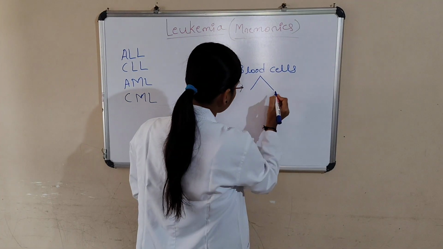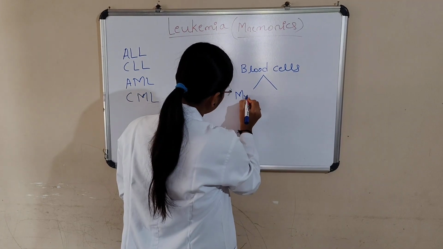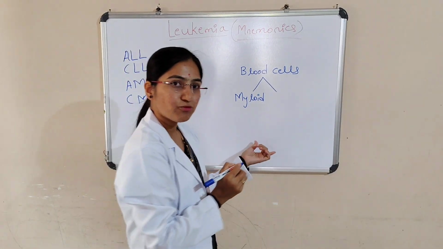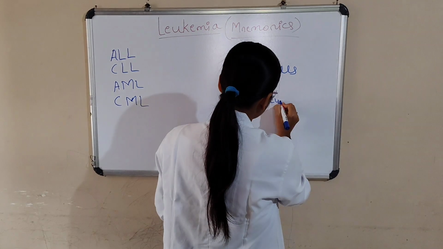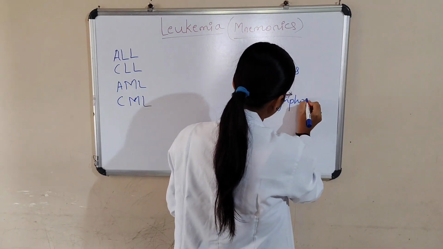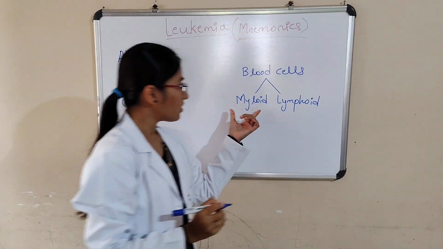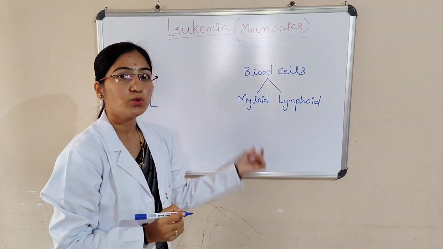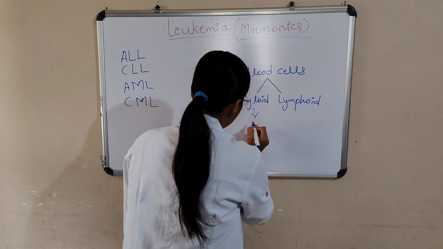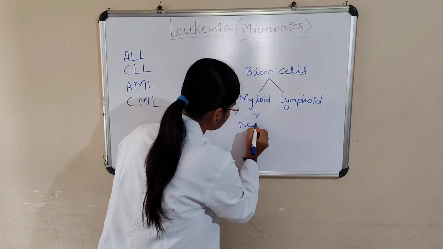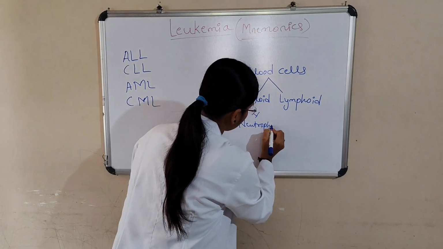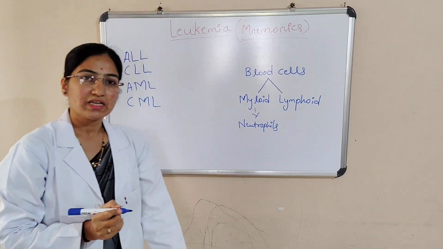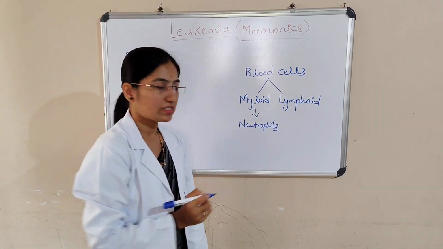One is myeloid, another one is lymphoid. Myeloid means, of course, there will be a problem with the neutrophils, abnormality in neutrophils, and lymphoid means there will be a defect of lymphocytes.